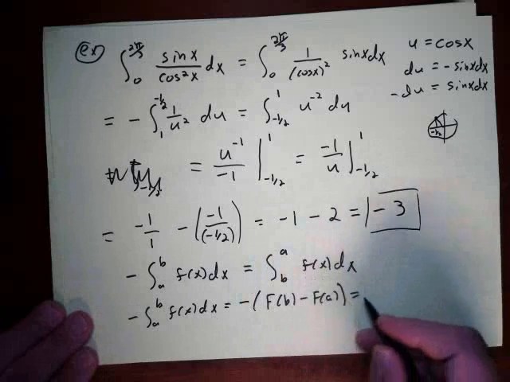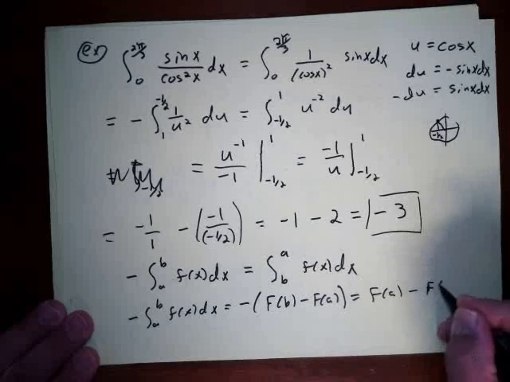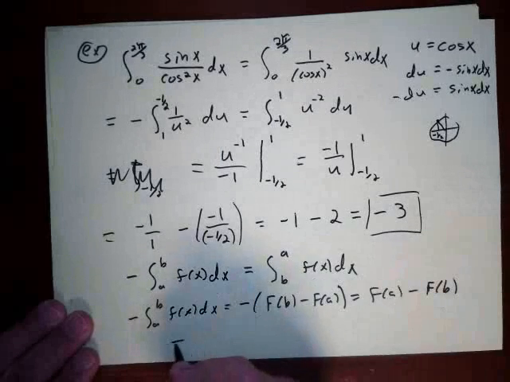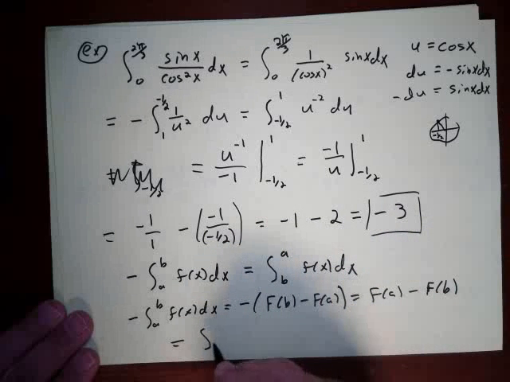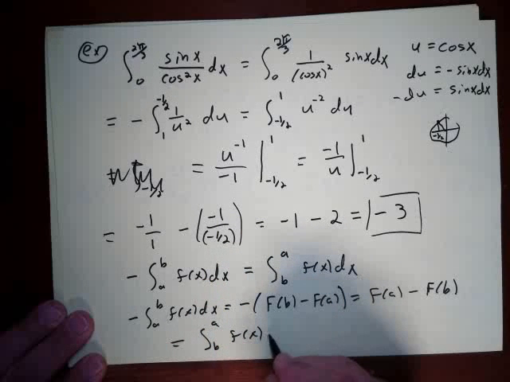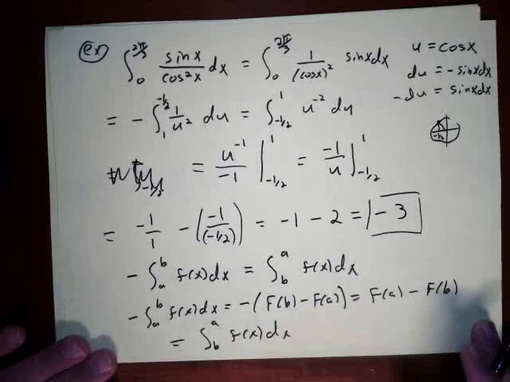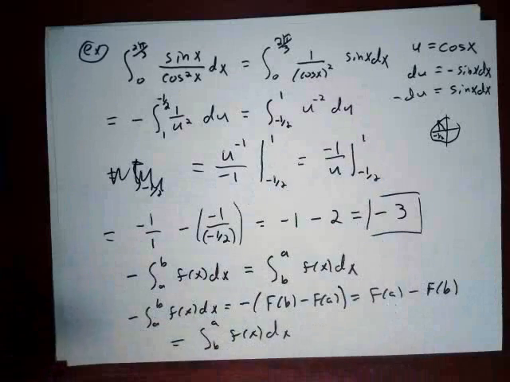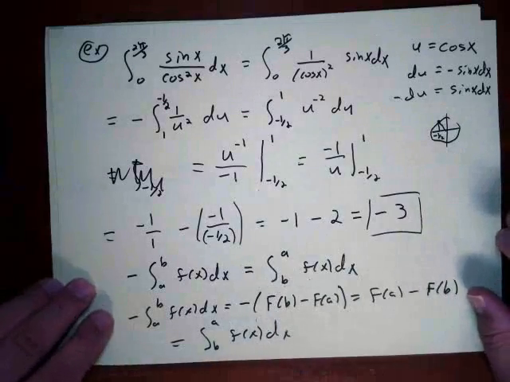And then distribute that and commute, you get F of a minus F of b, and then that would be equal to the integral where b would be the lower limit, the a would be the upper limit, f of x dx. So there you go, you just showed it there. So if you have a negative out front and you want to flip the sign, you can do that, or flip the limits. Okay, so there you go.